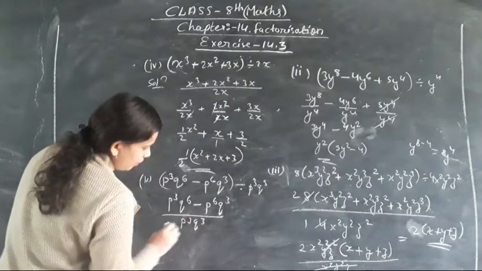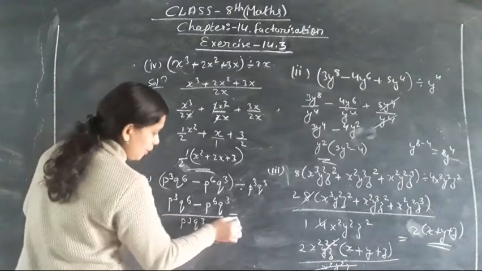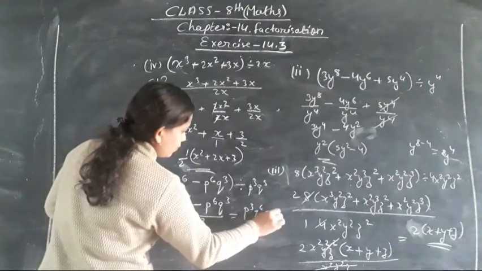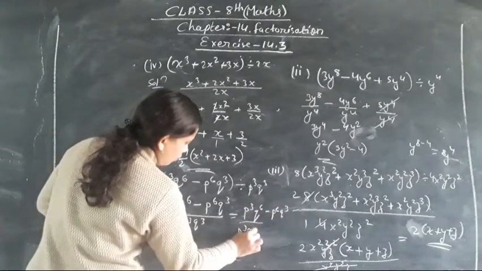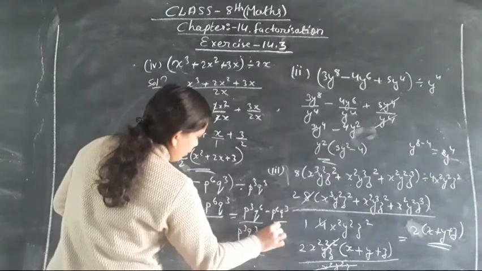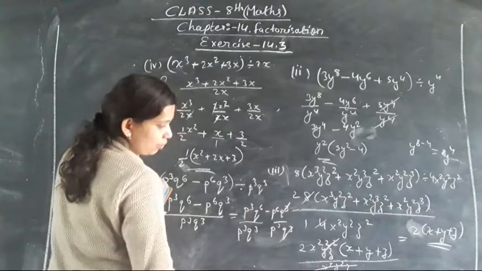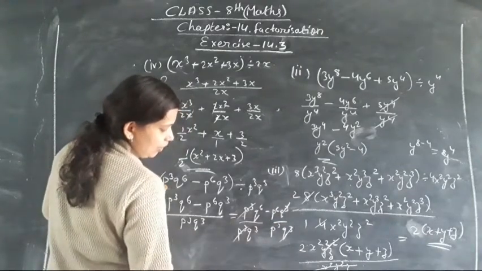So our first duty is to separate the numerators, isn't it? So p to the power 3 q to the power 6 minus p to the power 6 q to the power 3. So here p to the power 3 q to the power 3 divided by p to the power 3 q to the power 3. So here q to the power 3 and q to the power 3 will get cancelled. Here p to the power 3 and p to the power 3 will get cancelled.